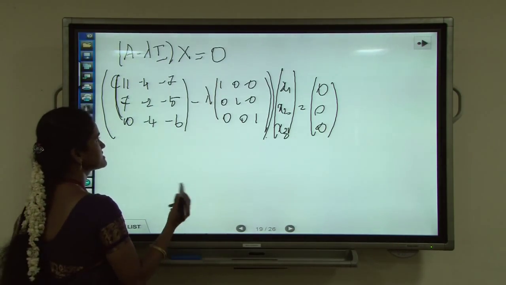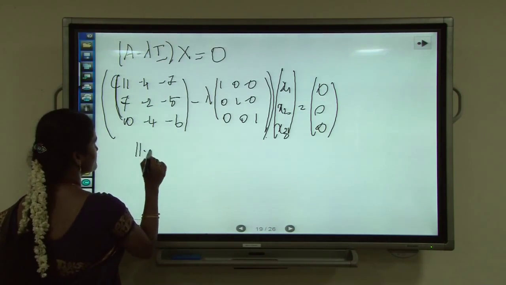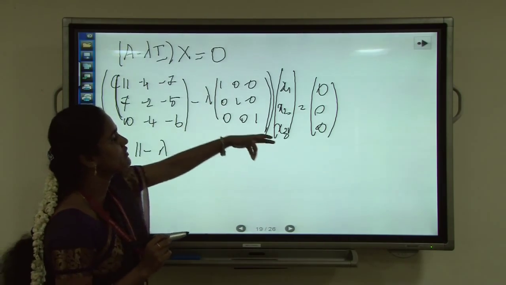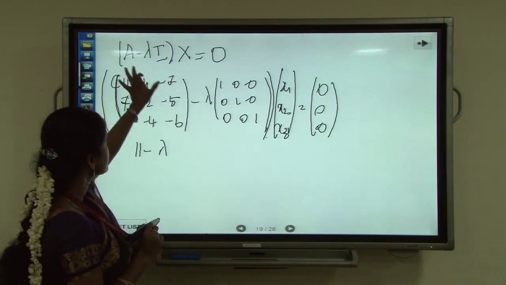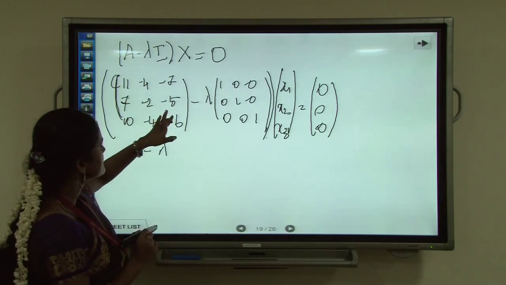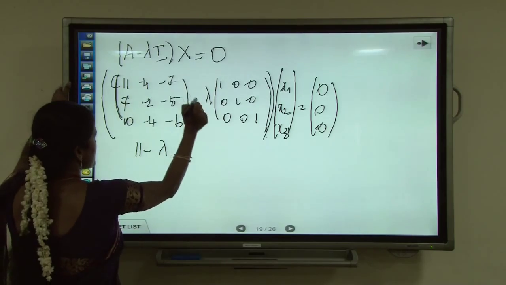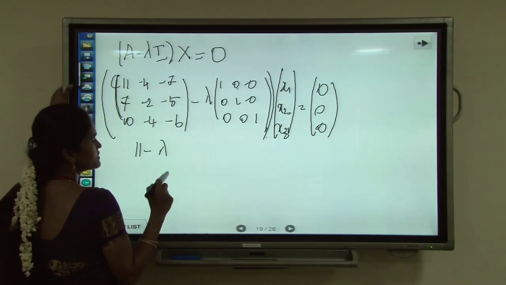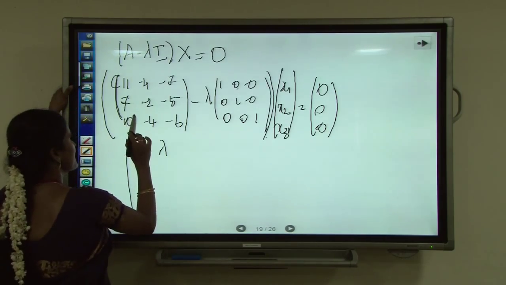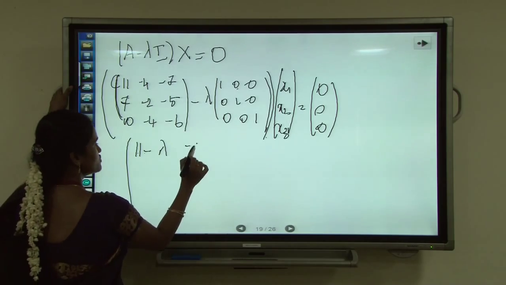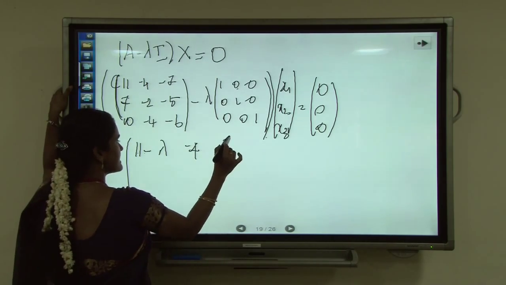Okay, let us rewrite this. It's 11 minus lambda. When you subtract these two and operate on x1, x2, x3, we get A minus lambda of x is equal to 0. So you will have changes only in the diagonal entry. See, it is 11 minus lambda. No changes with the rest of the entries other than diagonal.